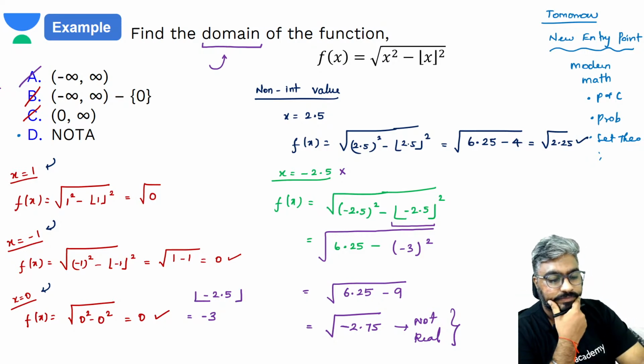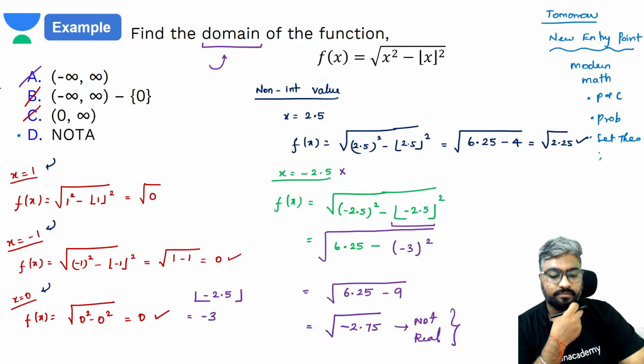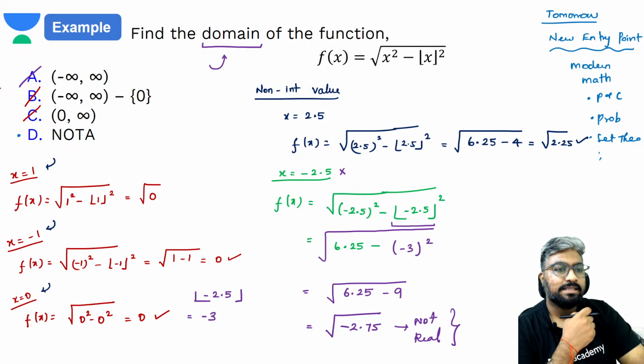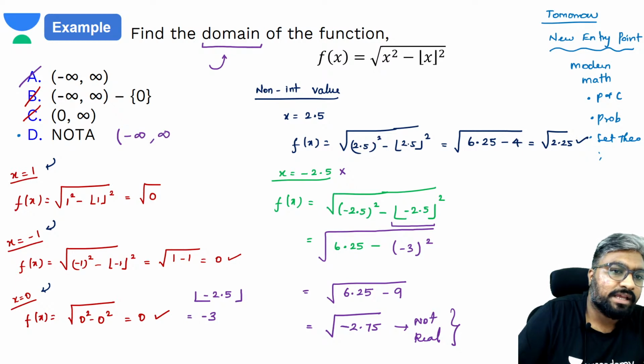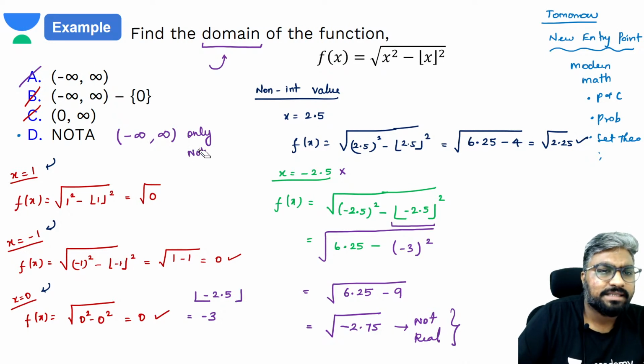Everyone, guys? Yes. So what does this mean? We can allow minus infinity to infinity, but only non-integer values. No, integer values we can also do. So what will it be?